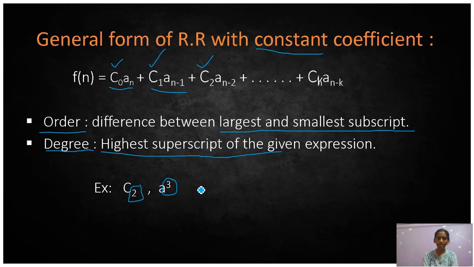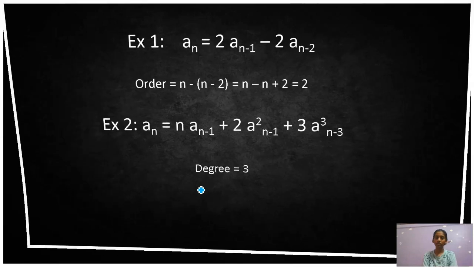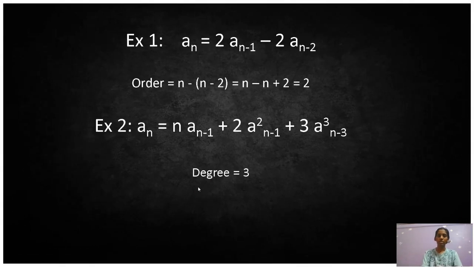Let us take an example and see how we can find order and degree for the given equation. The example I have taken here is an is equal to 2 an minus 1 minus 2 an minus 2. The largest subscript is n, whereas the smallest subscript is n minus 2.